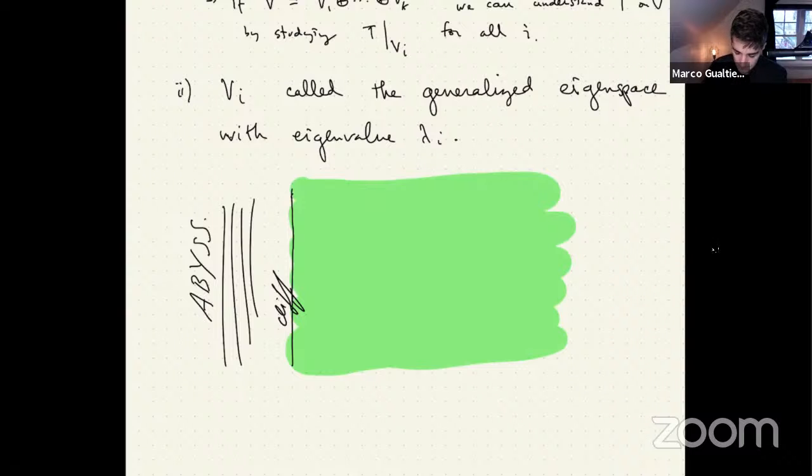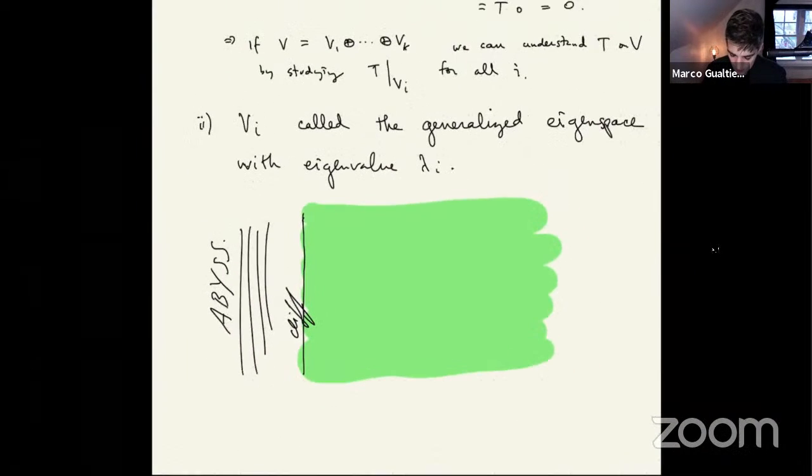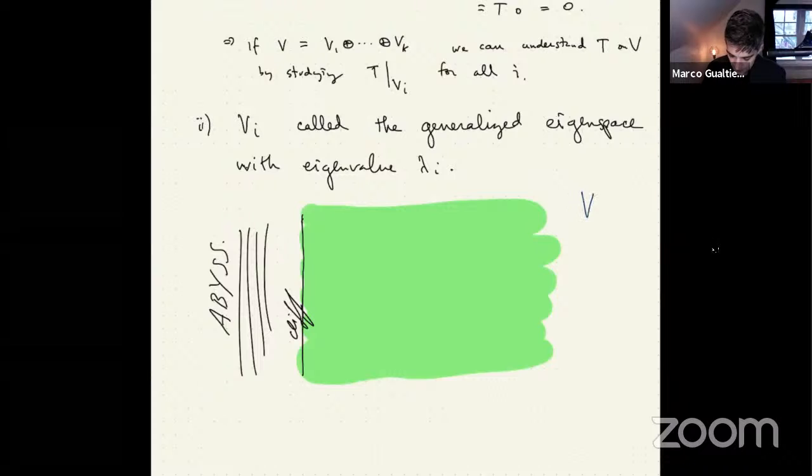We're looking at Vi, which is the null space of (T minus lambda I) to the ni.